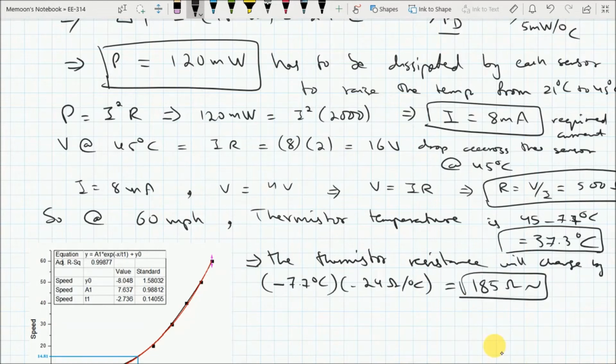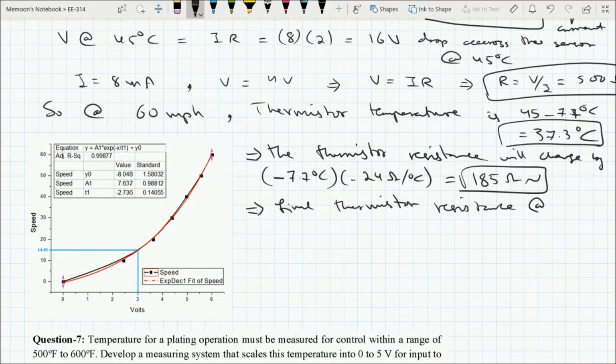Initially at 45 degrees, the thermistor resistance was 2000 ohms. So this means that the final thermistor resistance at 37.3 degrees Celsius, or at a wind speed of 60 miles per hour, will be equal to 2185 ohms.